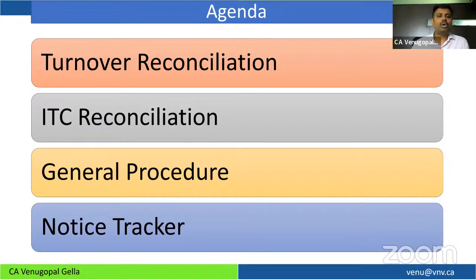So rather than going to each of the portal logins and checking, you will be able to get it at one place. Conversely, the login is available with one person.